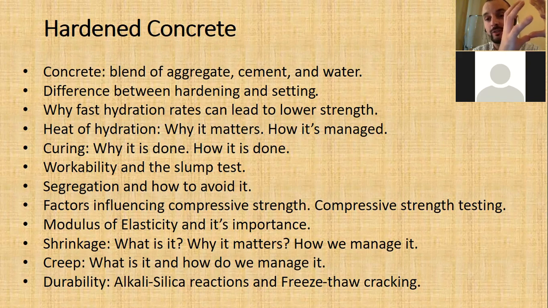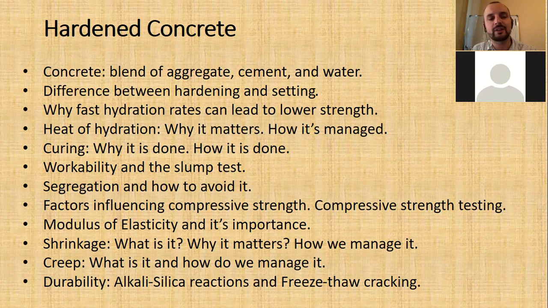So it goes solid very quickly, and then the cement particles inside the concrete that have not reacted with water can only react with water that they are touching. If there's no water around them, they will just remain as unreacted cement. And so fast hydration rates can lead to a lower strength sometimes.